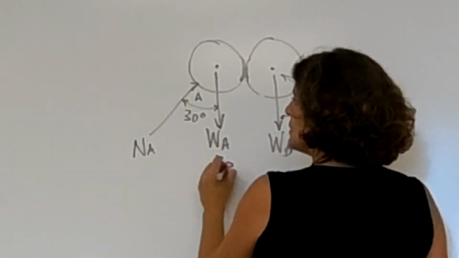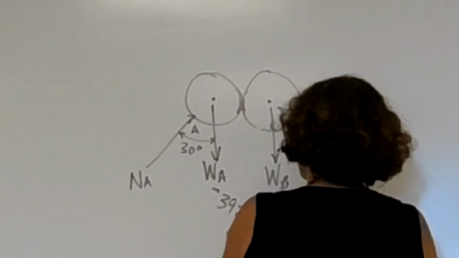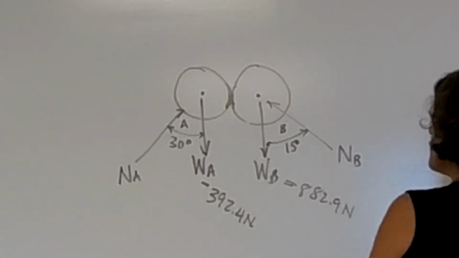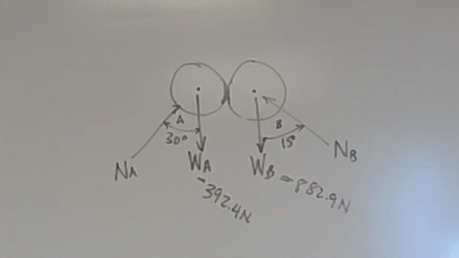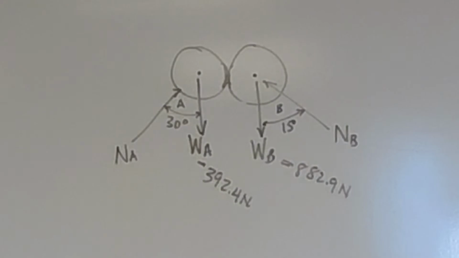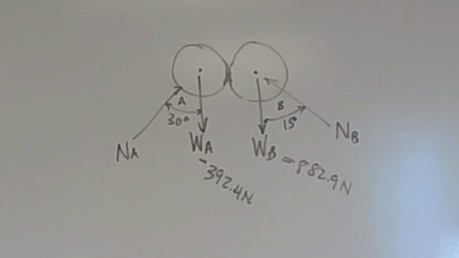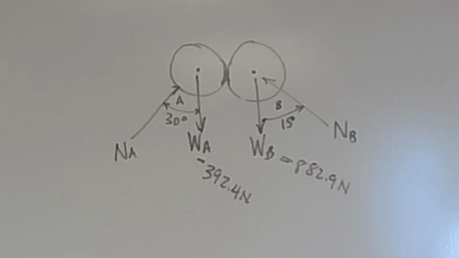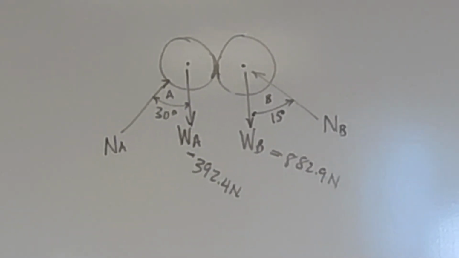So here this would be 392.4 newtons, and this is 882.9 newtons. Ask your question again, Kyle. Well, I guess I answered it. If we know it, we should put it on there, or can we just leave it? You don't have to write it because you wrote it on the sheet already in the setup. You already wrote it and you could use the variable. If you want to put it in, you could. Okay.